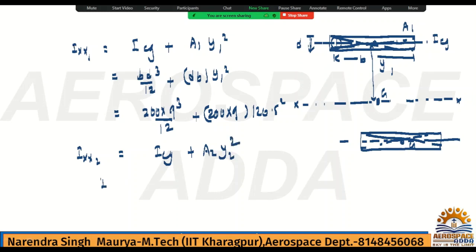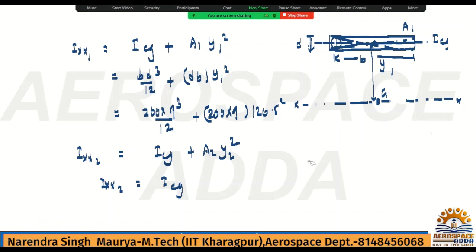So you will get IXX2 as only ICG. Sorry, box 2 is vertical. I made a mistake. Box 2 is vertical only. But anyway, whatever diagram you want to draw, the thing is the value you should put.